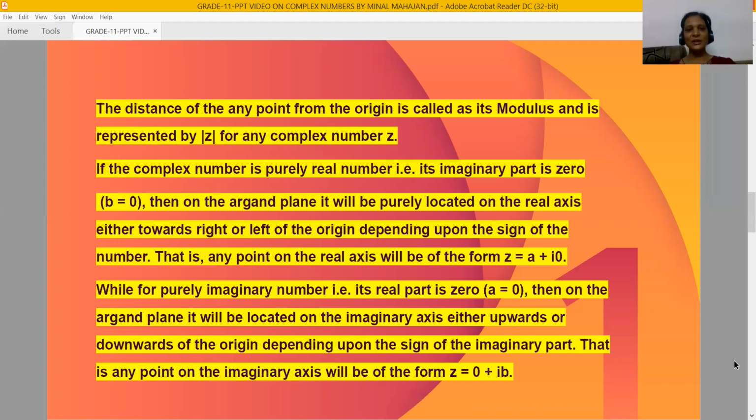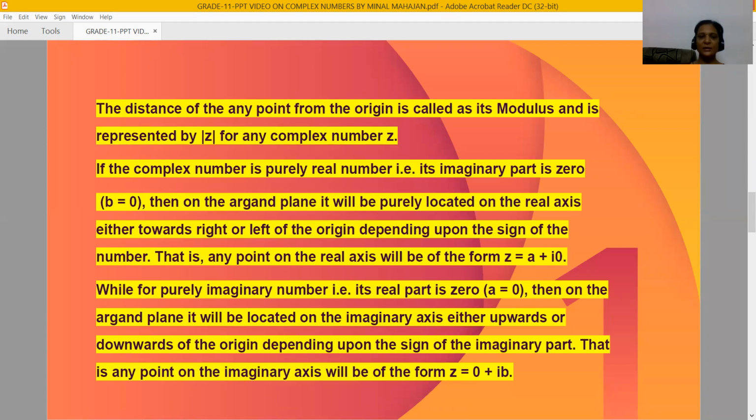If the complex number is purely real, that is its imaginary part is 0, that is b is equal to 0, then on the Argand plane it will be located on the real axis, either towards right or left of the origin depending upon the sign of the number.